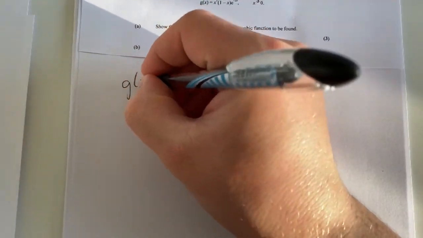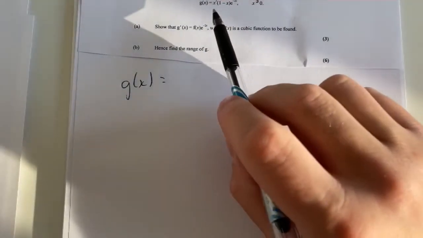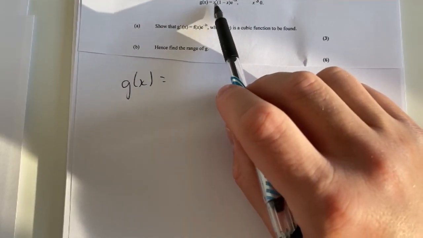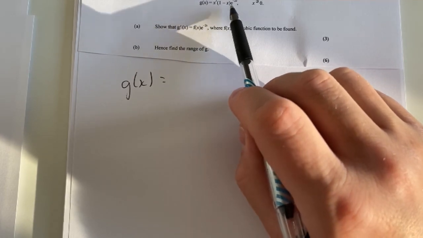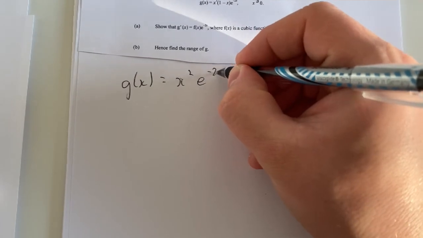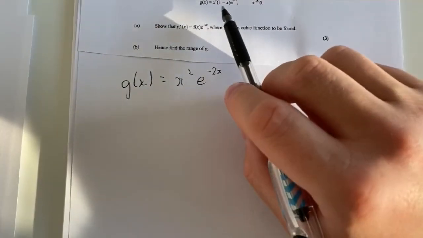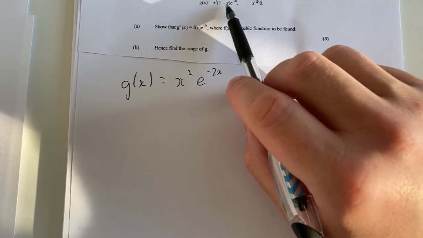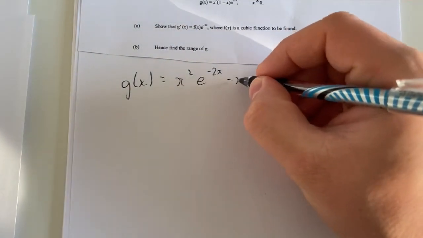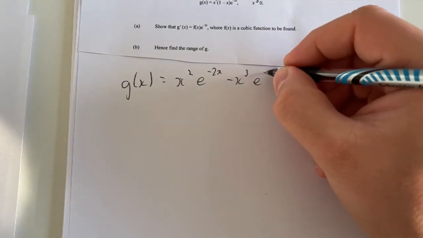So if we expand the 1 minus x with this, if we multiply it all by 1, you've got x squared e to the minus 2x times 1. So that's x squared e to the minus 2x. And if we multiply it all by minus x, minus x times x squared is minus x cubed times e to the minus 2x.